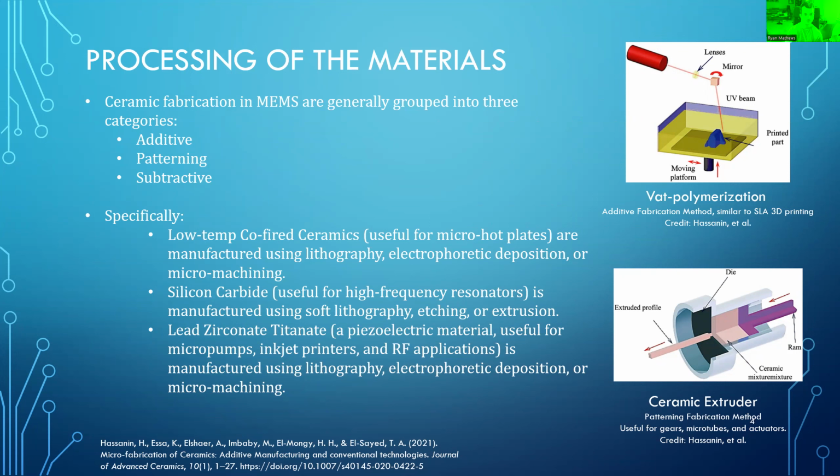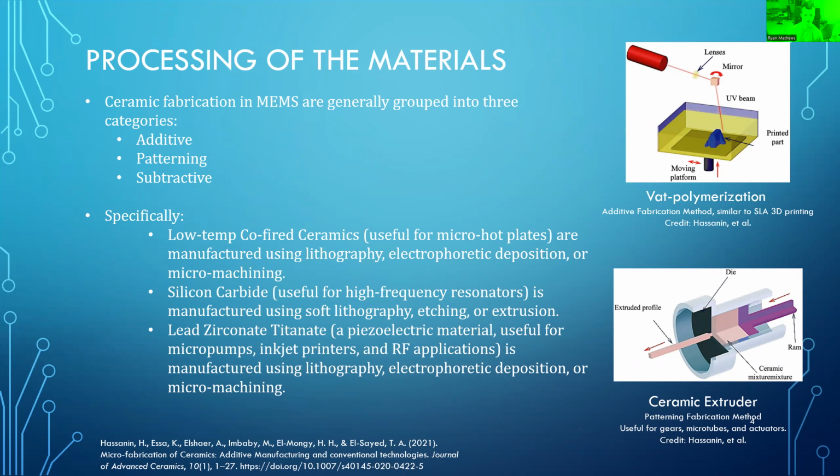Specifically, types of ceramics that are often used, one of which is silicon carbide, which uses soft lithography, etching, or extrusion, as well as lead zirconate titanate, which is a piezoelectric material, like the inkjet printer I mentioned a few slides ago.